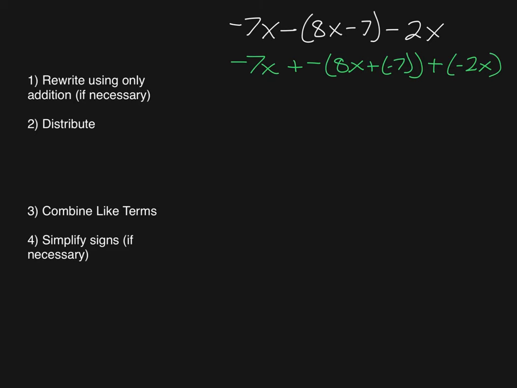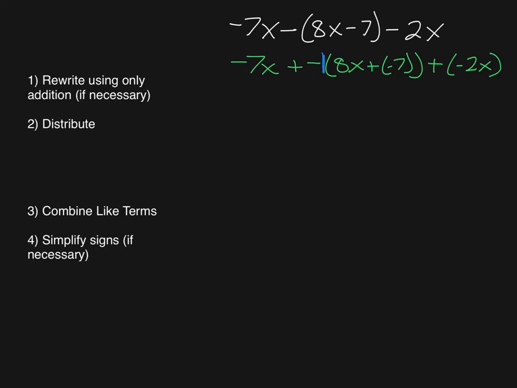Now, though, we can distribute. Now look at those parentheses we have in the middle. Notice here how we have negative 8x plus negative 7. This is something we saw in a previous problem. Remember, we can think of having this negative out in front as being a negative 1, right? Because we can multiply something by negative 1 to make it negative.